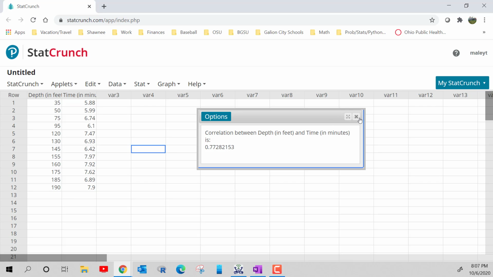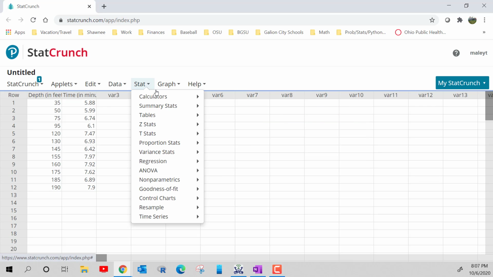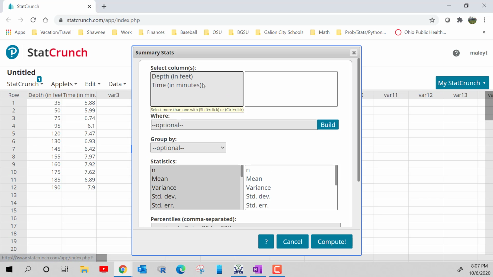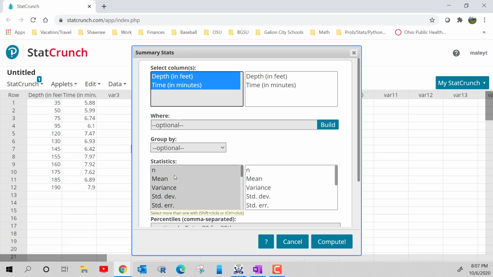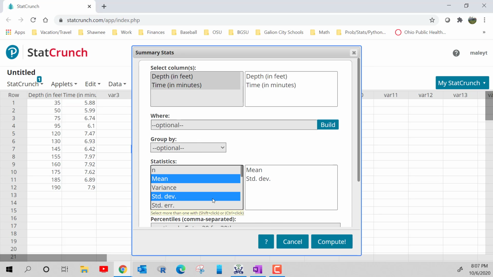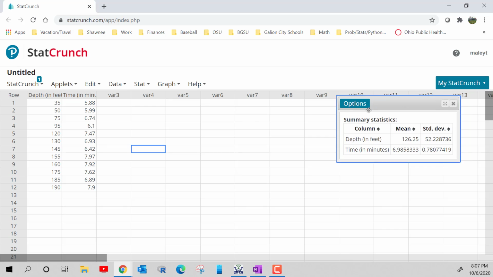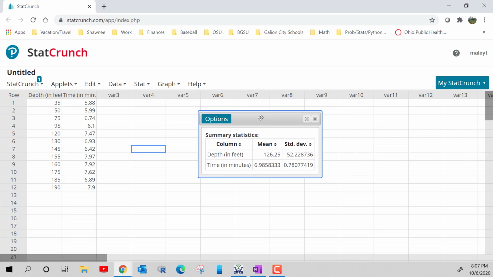Then to find the other values, I would go to Stat, Summary Stats, and then Columns. I'm going to pick both variables again, and I want the mean and the standard deviations, and hit Compute. Then I have all of those. The depth is my x variable, so 126.25 would be x bar, and s of x would be the standard deviation.